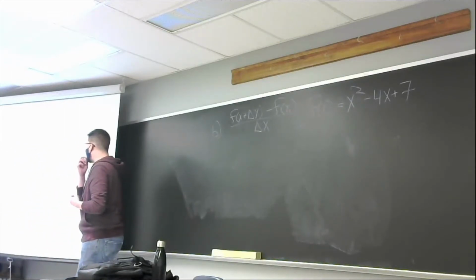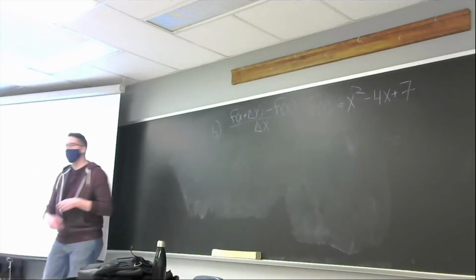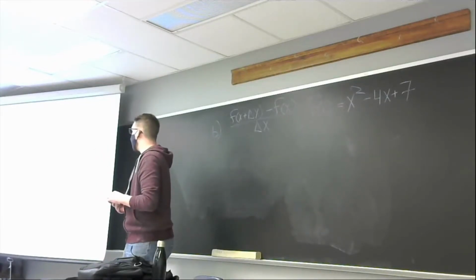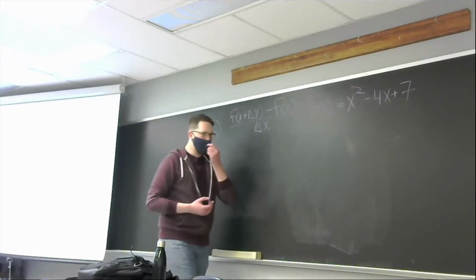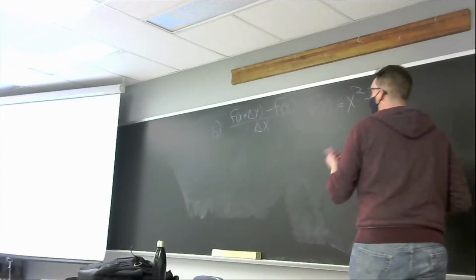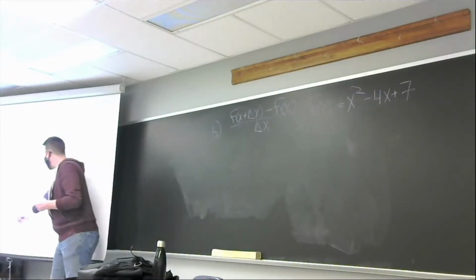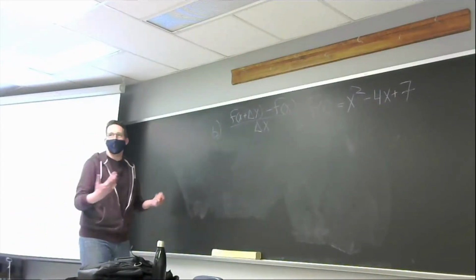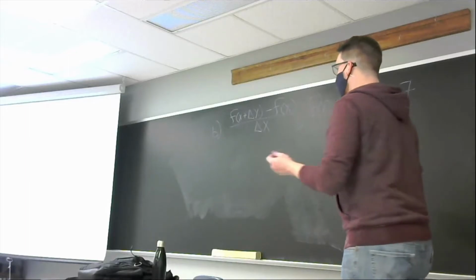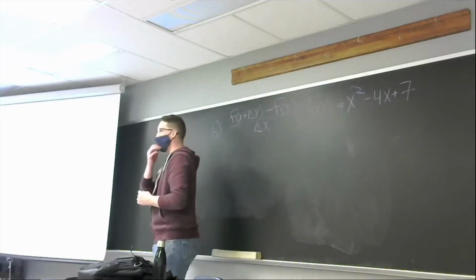And what we're going to be left with is 2 delta x plus delta x, that quantity squared, minus 4 delta x, all divided by delta x. Well, all these terms have delta x in common. Our denominator is delta x, so we can simplify this further, right? We can cancel out those delta x's. And when we do, we get that final form, 2x plus delta x minus 4.